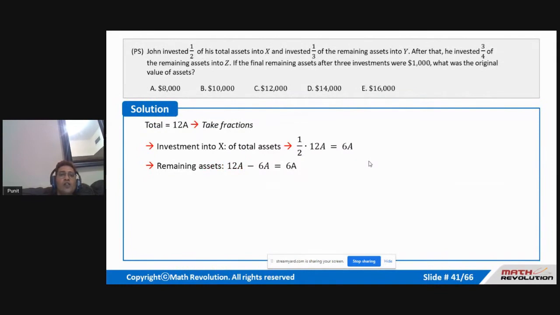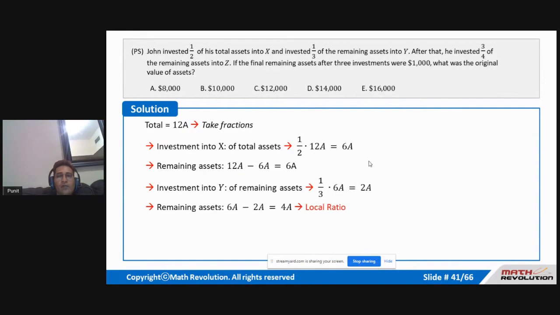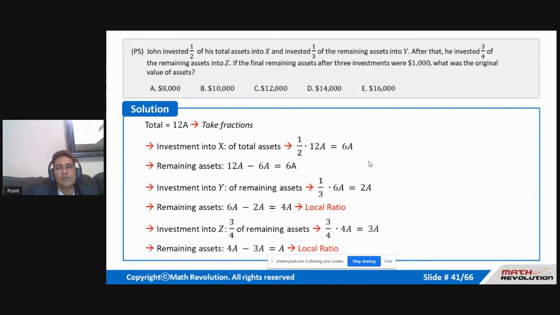John invested half of his total assets into X. Half of 12A becomes 6A. Remaining are 6A. Out of this 6A, one third was in Y. So one third of 6A becomes 2A. Remaining are 4A. Out of this 4A, 3/4 of the remaining assets are for Z. So Z becomes 3A because that is 3 over 4 times 4A. So you're left with A.